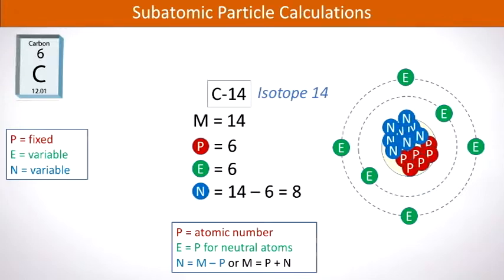If we continue on with carbon 14, for the isotope of carbon, this would give us a mass number of 14. Number of protons do not change from 6. Number of electrons do not change. But because we have a higher mass number, the number of neutrons has increased to 8, and that corresponds to the diagram shown here.